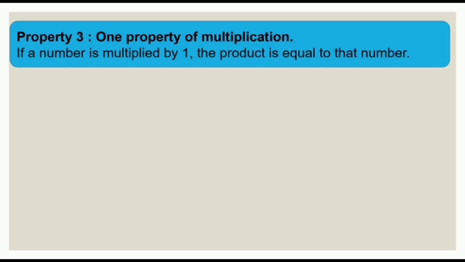If a particular factor is multiplied by 1, the product is equal to that number. अगर कोई भी नंबर को आप 1 से मल्टीप्लाई करते हैं तो आंसर में 1 नहीं आएगा. जिस नंबर को आपने मल्टीप्लाई किया वही आंसर रहेगा. That will be the only product.